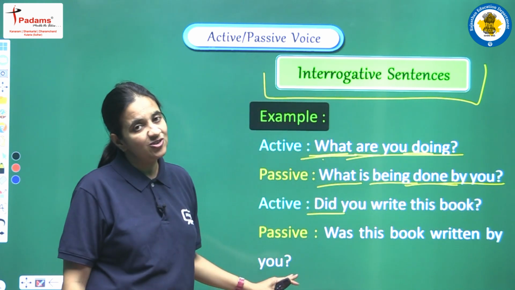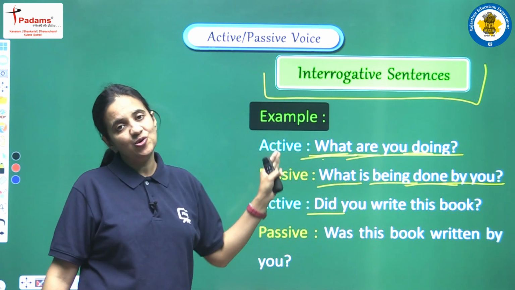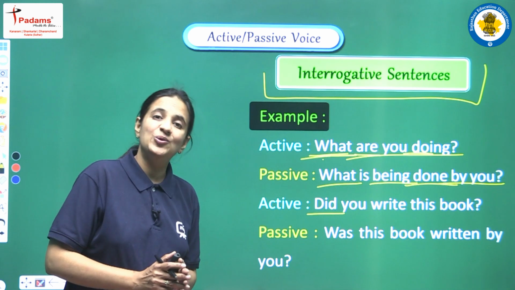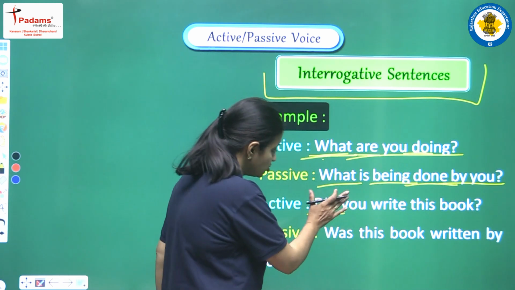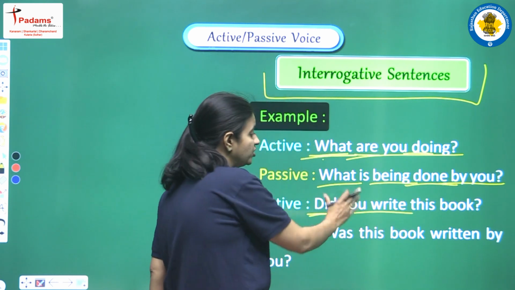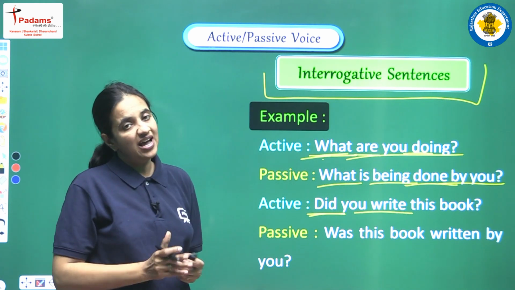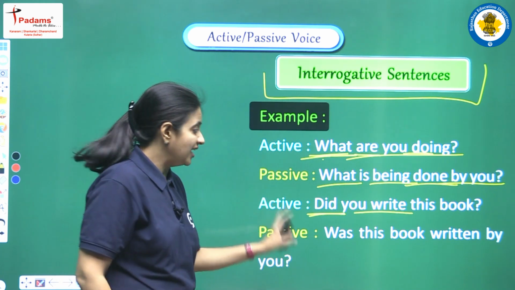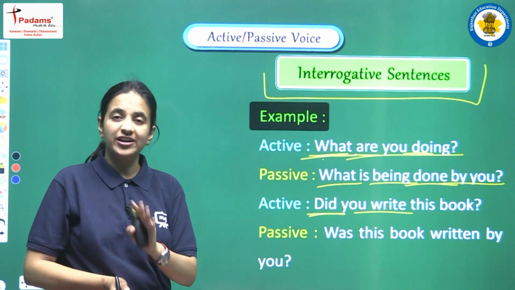So in the passive voice also we have to maintain the same form of the sentence. We have to write one interrogative sentence only in the passive voice. So how we have to change, let's see. So first of all observe the tense. We are having did you write, so did plus first form, this is past simple tense. So if we are having past simple tense, then we have to use was or were in the passive voice according to the rule.